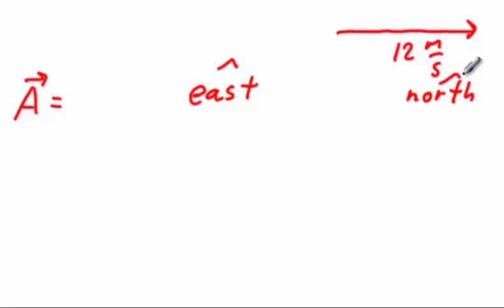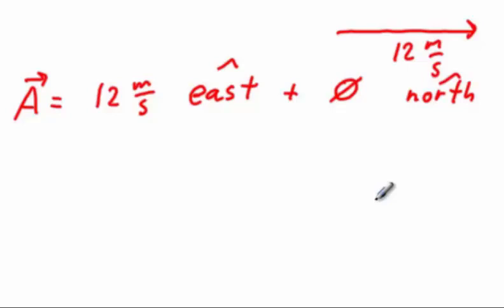Looking at the vector A, we can see that indeed it does have an east hat component, and when we ask whether that is all of the vector or only a piece of it, we find that that's all of the vector. So 12 meters per second is the east component of vector A, and the north component of vector A is 0. This completes writing vector A in component format.